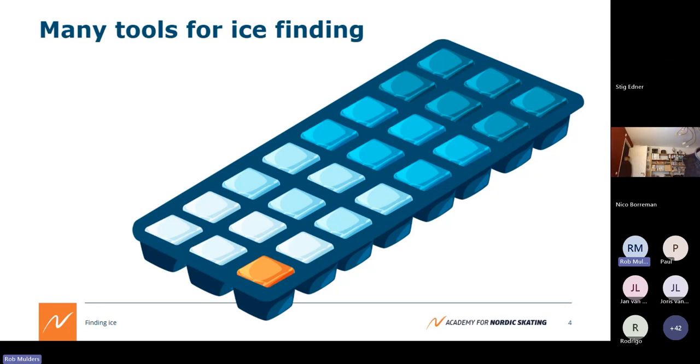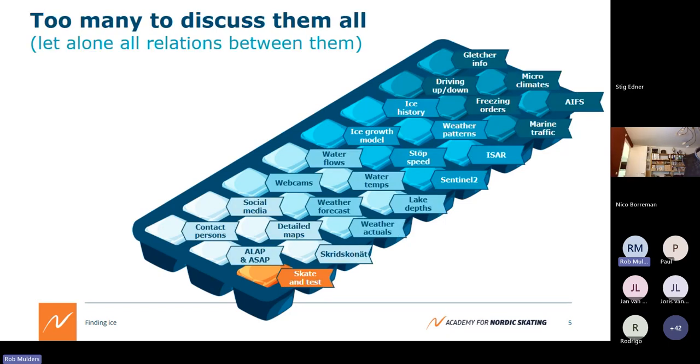There are so many tools, like I said before, and there is no need to read all of those names, but you can say this is my toolbox, and I have some things in it, and those things are working together. So it's not possible to discuss them all, and it's even less possible to discuss all the relations between those tools. But we go into the important ones, I think.